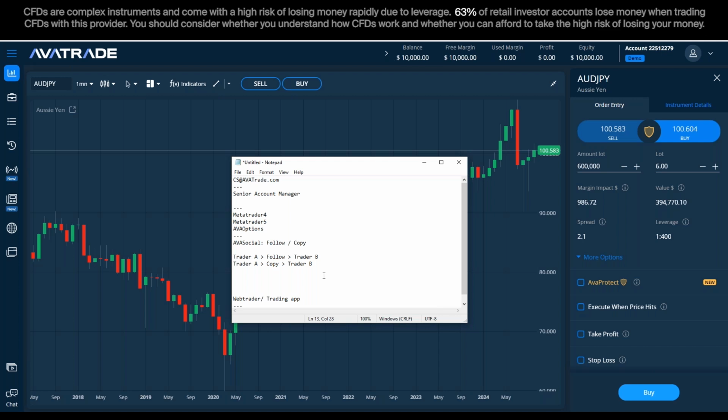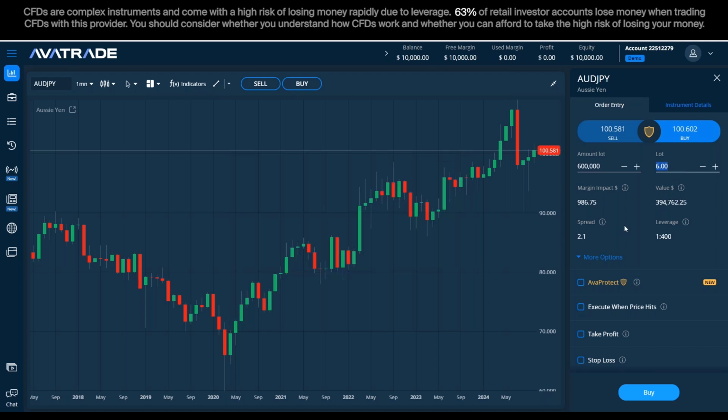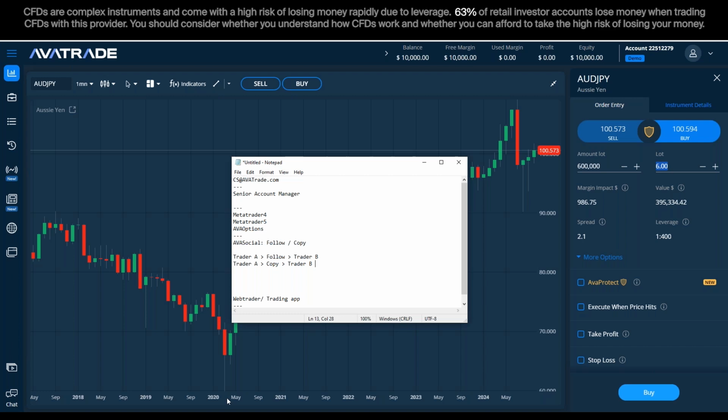But the huge benefit of using Ava Social is that I can also modify the lot size. Meaning that if right now I'm uncertain about a strategy and I'm just testing it out to feel if it's good for me or not, I can customize the lot size and bring it to a much lower number. That's also very handy when I'm copying somebody with a much bigger amount than I have.